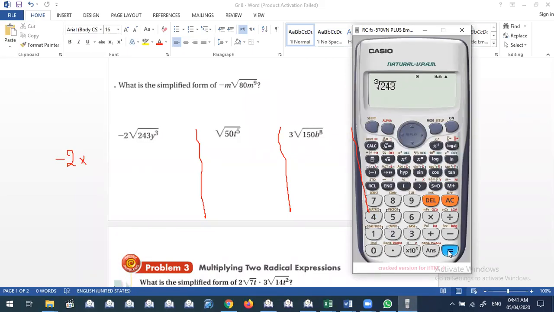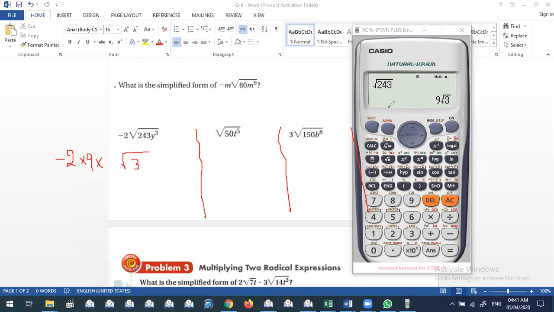Square root 243 equals 9 square root 3. So 9 is outside, times, because we still have a letter, don't forget, write square root 3.